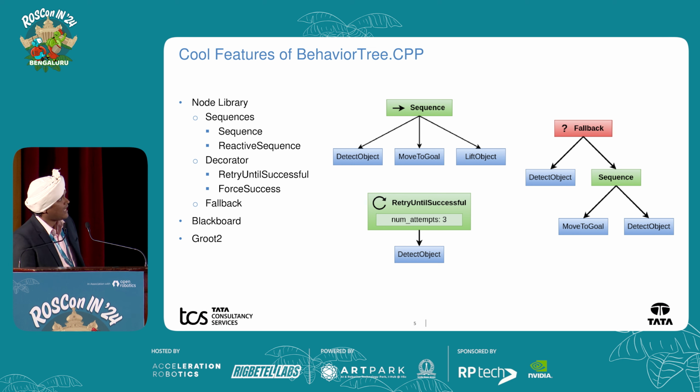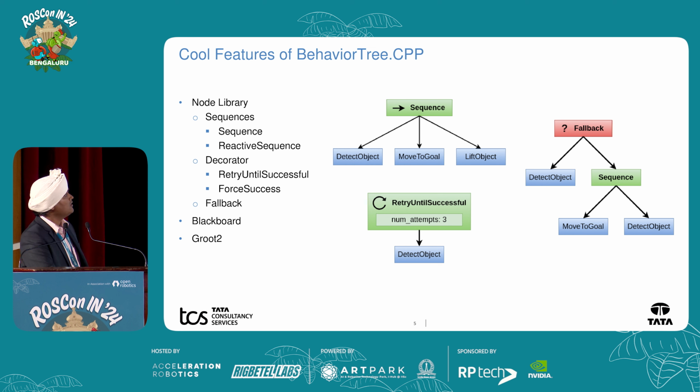Let's say I fail in the first layer, then maybe I want to try something else. Maybe I need to readjust myself and look at the object from a different point of view. Maybe I introduce another sequence, which is a kind of fallback mechanism. These modular things can be mixed around to give you a basic layer for detecting and lifting the object.